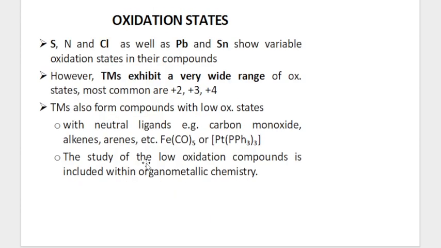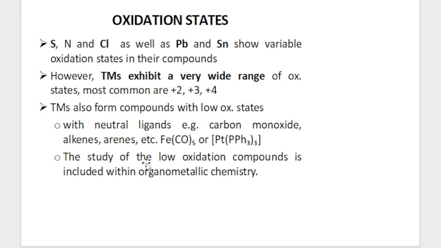Moving ahead, the oxidation states. Sulfur, nitrogen, and chlorine, as well as lead and tin, show variable oxidation states in their compounds. However, transition metals exhibit a wide range of oxidation states. Most common amongst them are +2, +3, and +4. Transition metals also form compounds with low oxidation states, with neutral ligands, for example carbon monoxide, alkenes, arenes, and the rest of them.